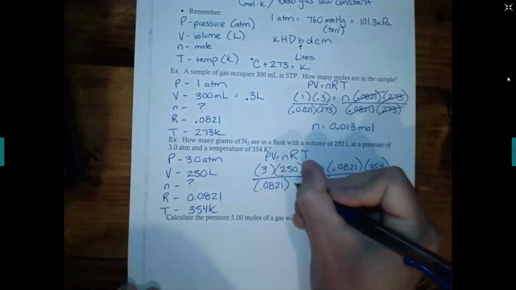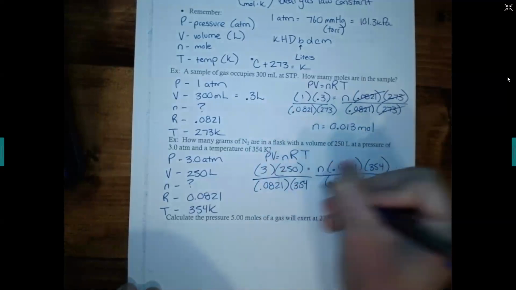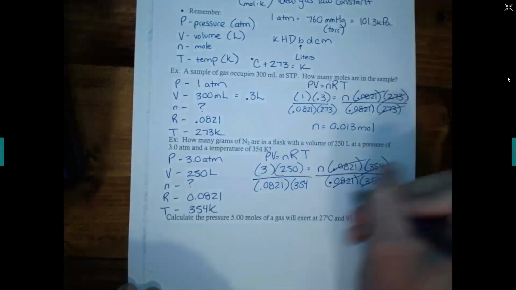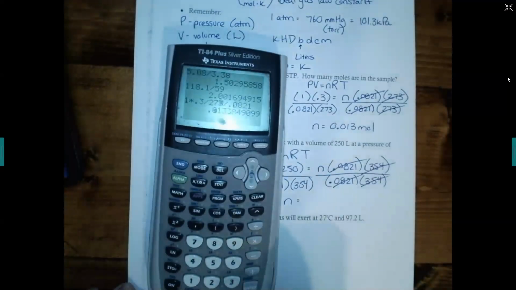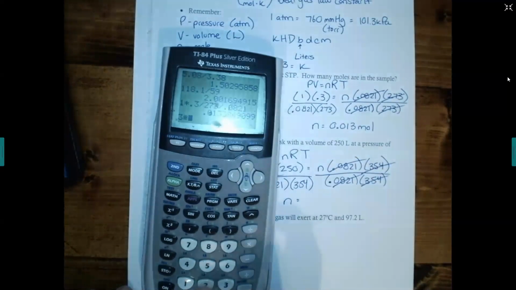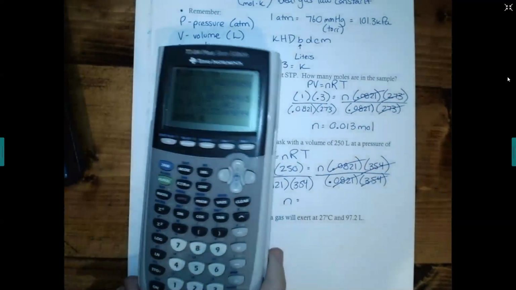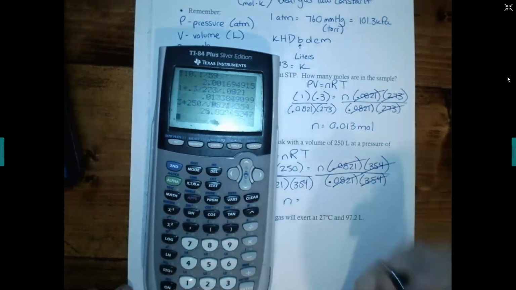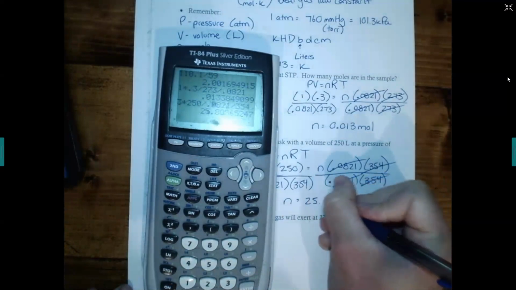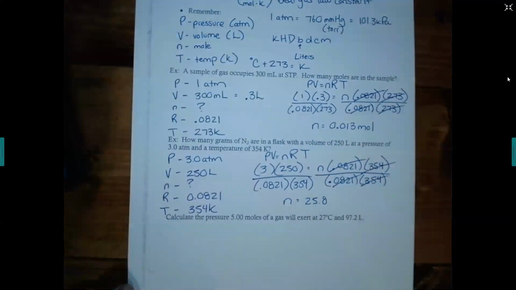And the reason we're doing that is we want to get n by itself. So these cancel, and now we're ready to solve. 3 times 250 divided by 0.0821 divided by 354, and I get 25.8. Now that's moles.